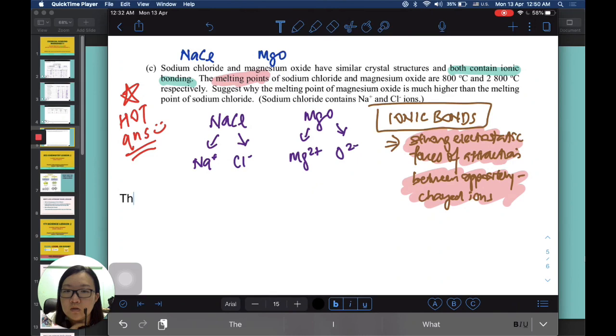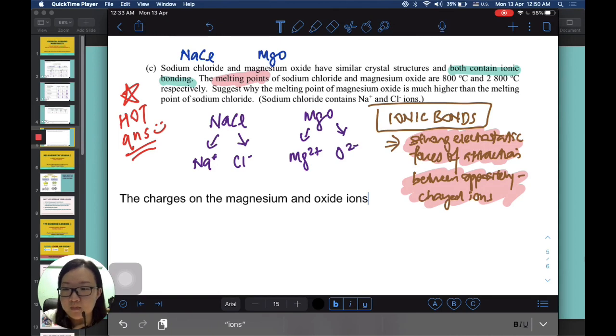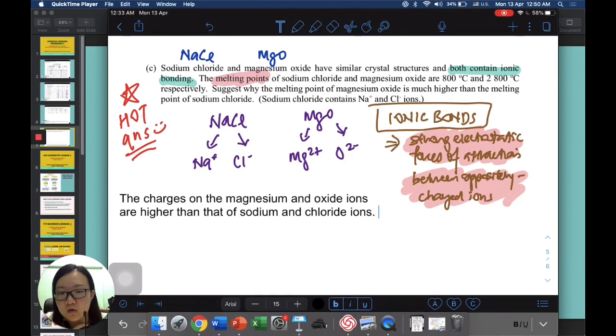So let's look at the answer. Suggest why the melting point of magnesium oxide is much higher than that of the melting point of sodium chloride. You can begin the answer by saying that the charges on the magnesium and oxide ions are higher than that of the sodium and chloride ions.